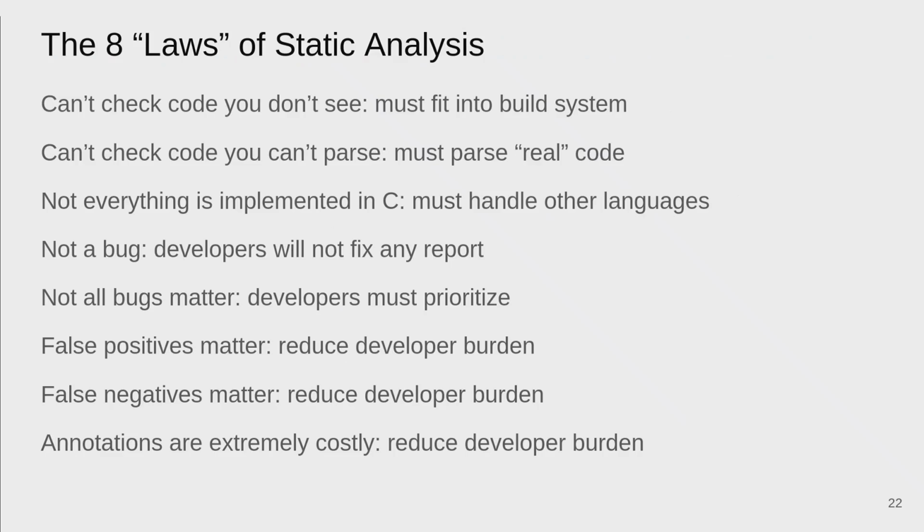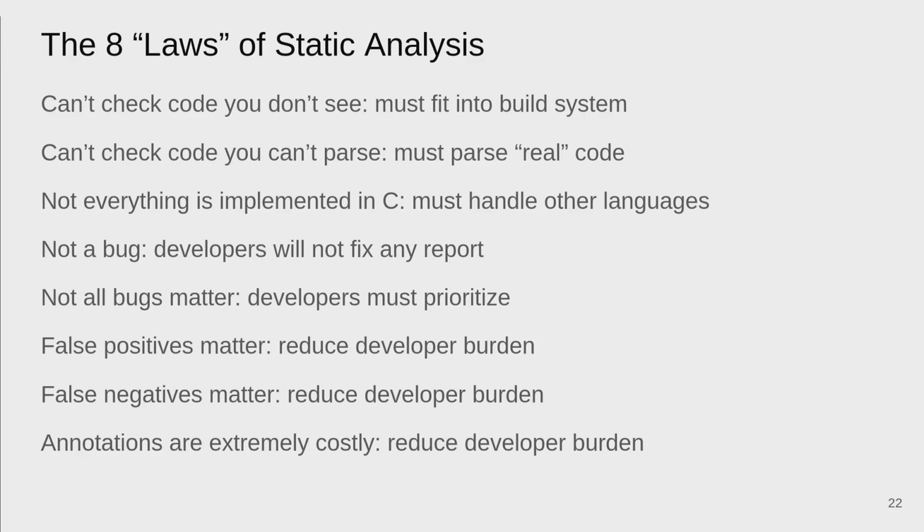If you're looking at static analysis, to summarize some of the best practices, I have written up the 8 laws of static analysis that we can look at. And these highlight some of the limitations and some of the advantages of static analysis. First off, you cannot check code you don't see, which means that if you're running a static analysis somewhere in a company, it must fit into your build system.